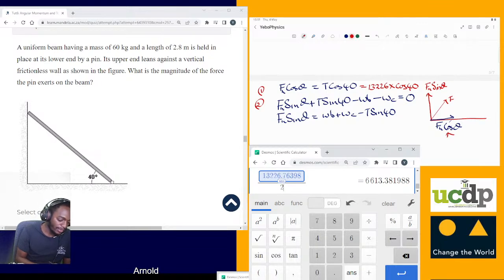As you can see that it's equal. Then for this one, weight of the bridge is 2,500 times 9.81 plus weight of the car, which is 900 times 9.81 minus 13,226 sine of 40. So we're going to punch this.